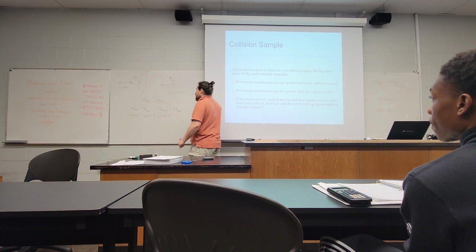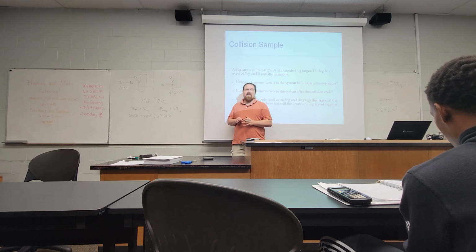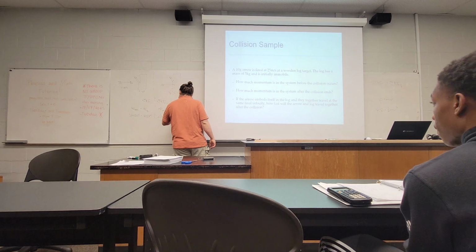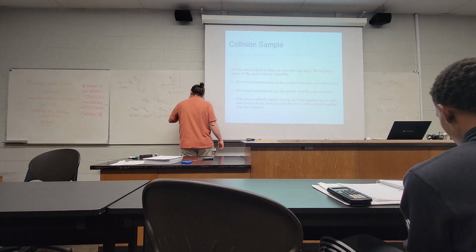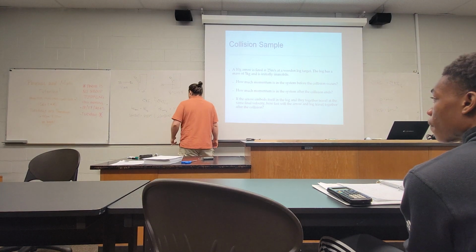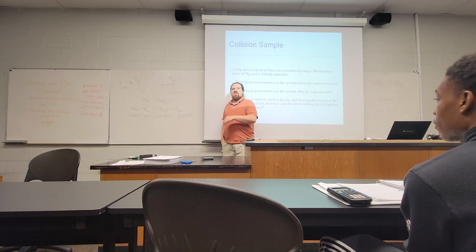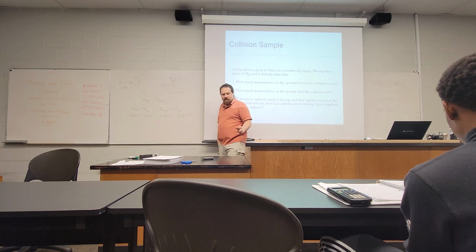So instead of 25 meters per second, its final is 0.05 meters per second, a very big change. And log is also moving at the same speed, so its final speed is also 0.05. So now let's figure out how much energy exists on each side of this equation.